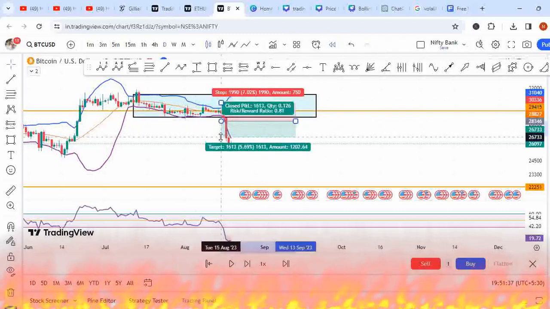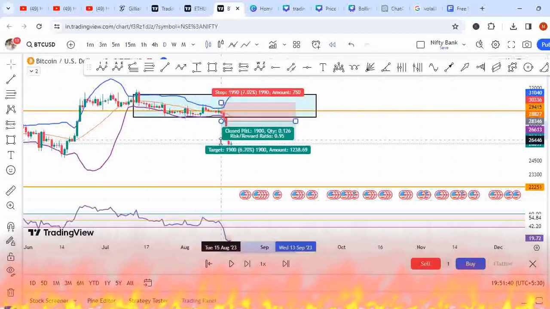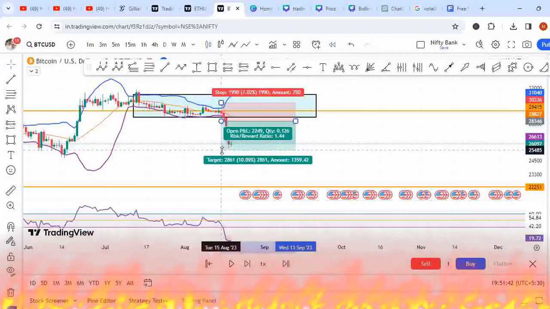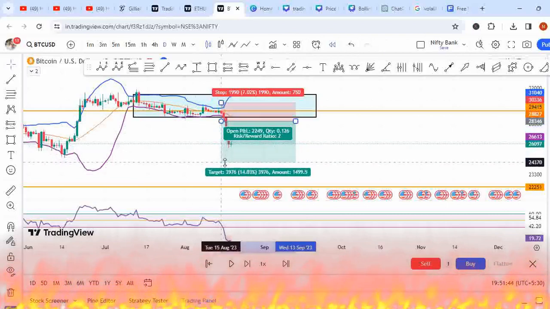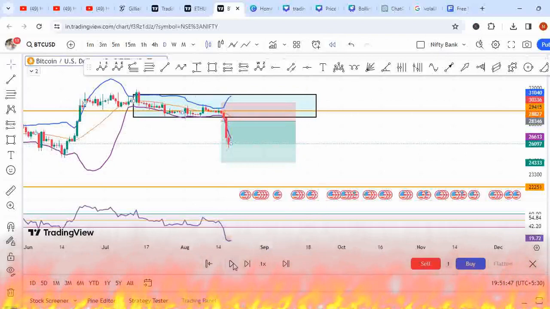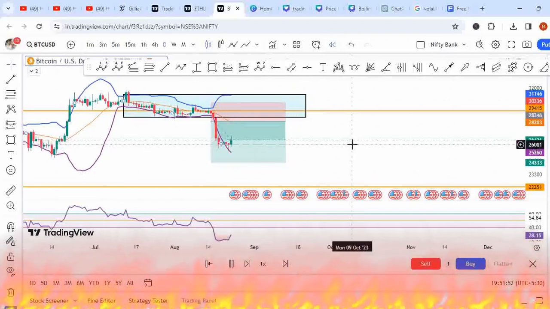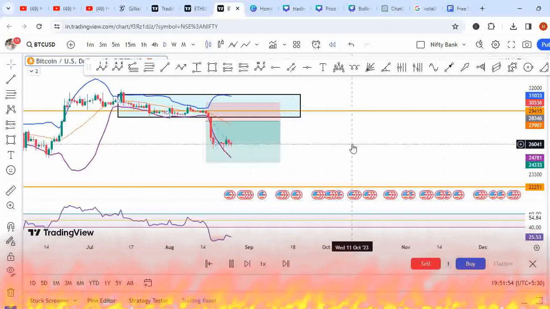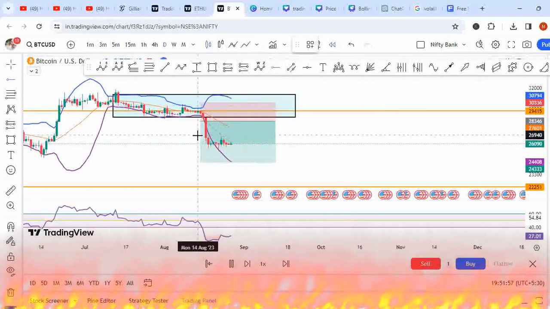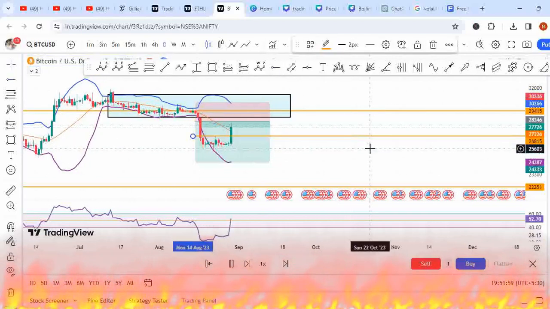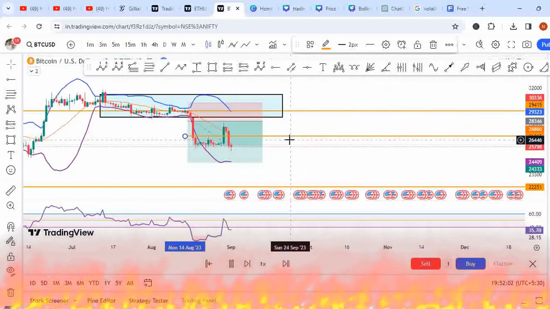Keep a 1:2 ratio target. Now trail your stop loss here, to the swing high. Okay, you are out of the trade now.